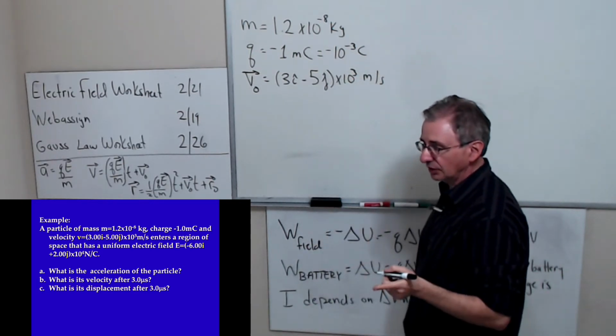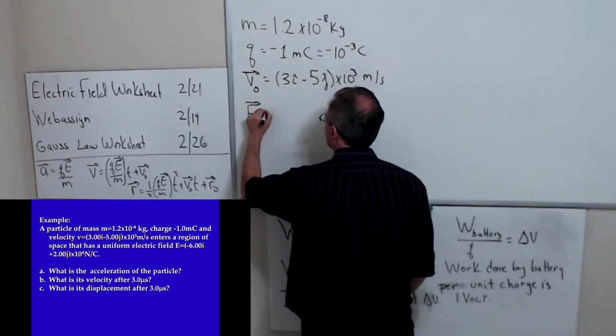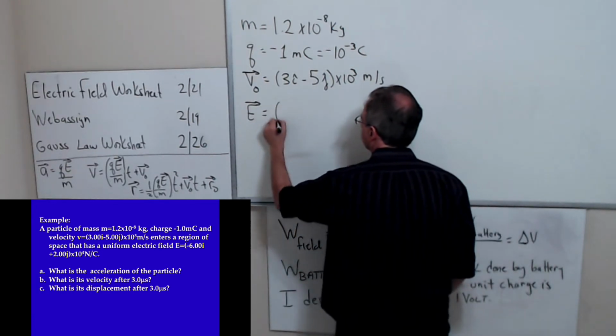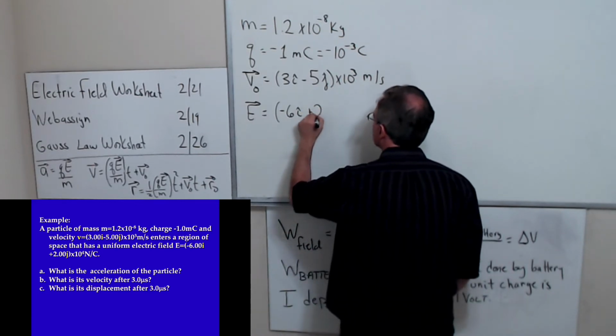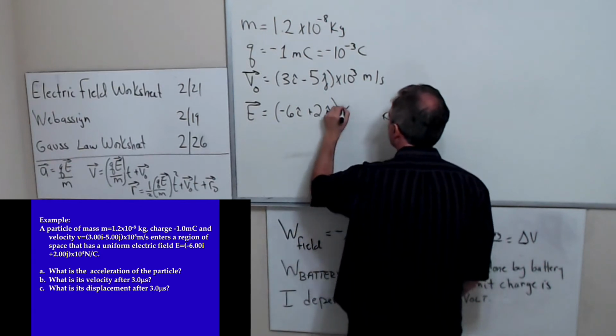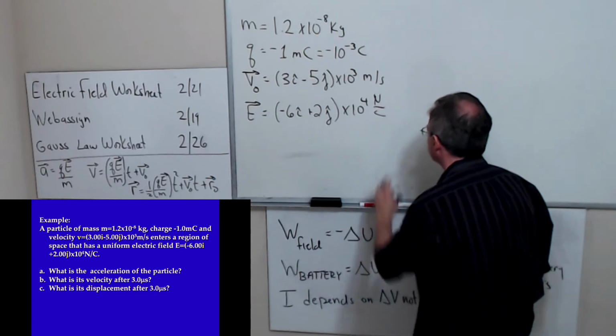And it enters a region of space where the electric field is uniform and is given by minus 6i plus 2j times 10 to the fourth newtons per coulomb. Let's see.